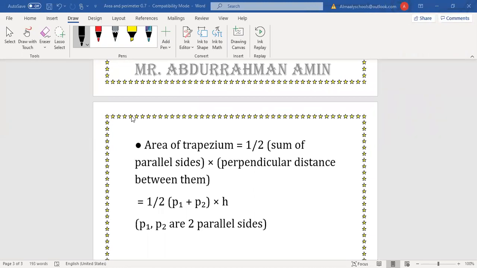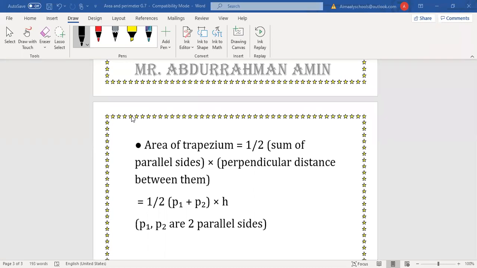So the two parallel sides A and B in shape 1 in page number 284. Now the question is how to calculate the area of the trapezium. The first step, I'll add A and B. Then I'll multiply the result by half. Then I'll multiply the result by the length of the perpendicular height, h.